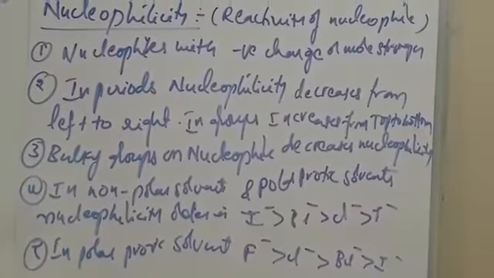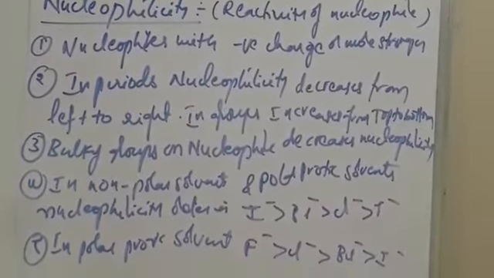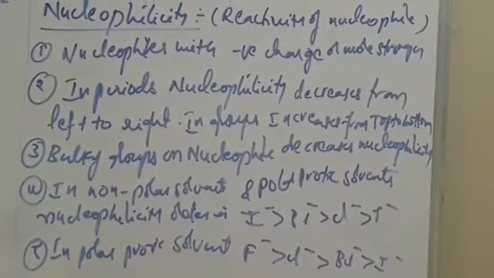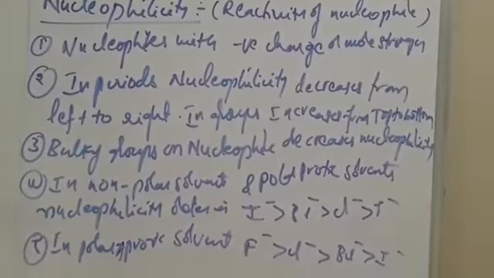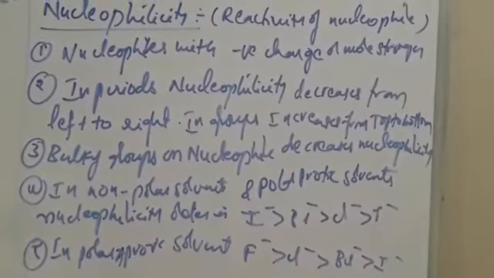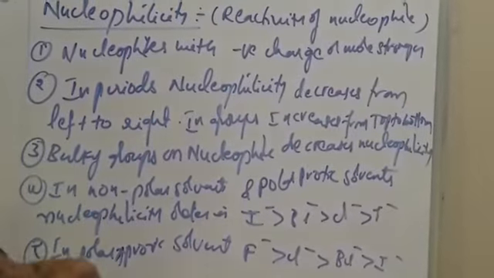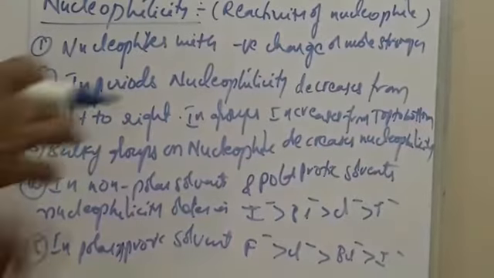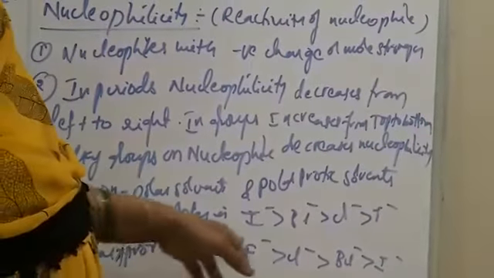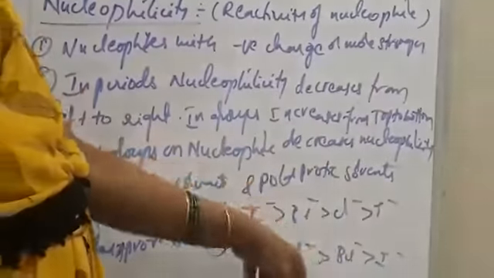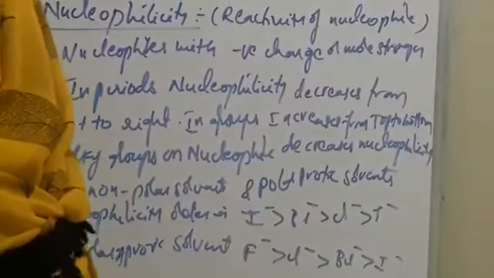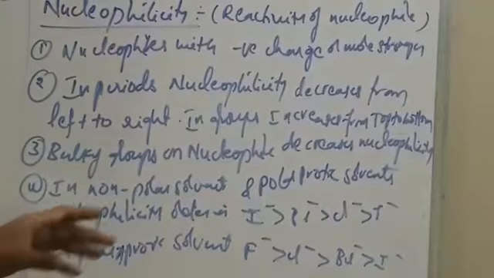Then in polar aprotic solvents, not protic, for example dimethyl formamide, the nucleophilicity order is fluoride greater than chloride, chloride greater than bromide, bromide greater than iodide. So this is about nucleophilicity.